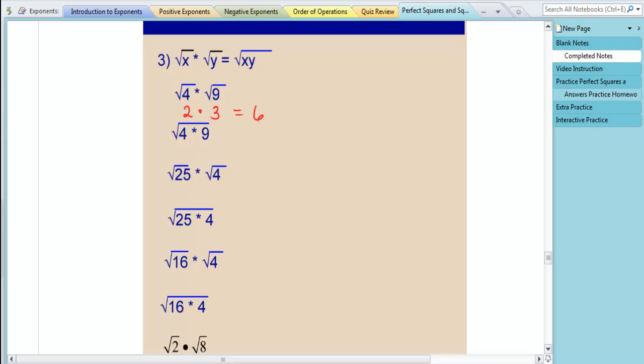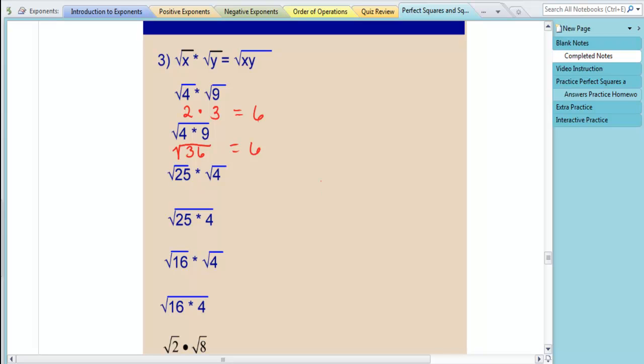In this problem, the notation means to go ahead and multiply before you take the square root. So my order of operations means multiply 4 times 9 first, and we get 36. So the square root of 36 is 6. So this notation is telling us it doesn't matter if you take the square root first or if you multiply first. Either way, you're going to get the same answer if you're multiplying.